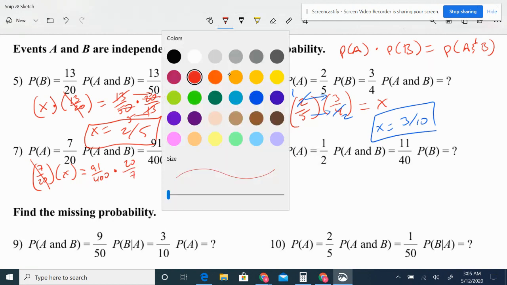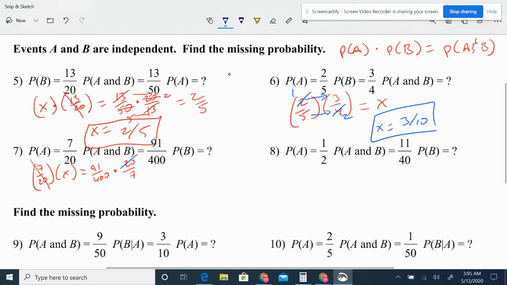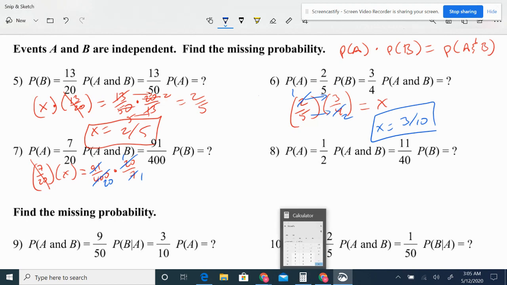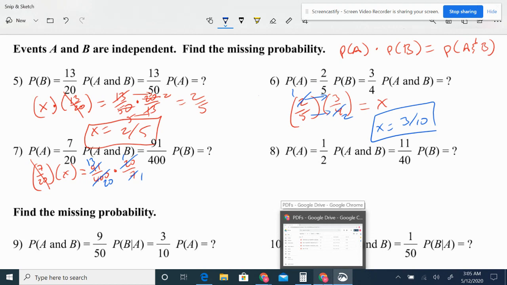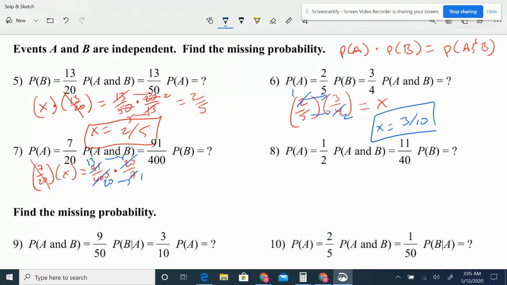Let me simplify. 20 and 400 become 1 and 20, dividing each by 20. Now 91 and 7, you can divide each by 7. 91 divided by 7 is 13. So I'm going to multiply on top, and I get X is equal to 13 over 20.